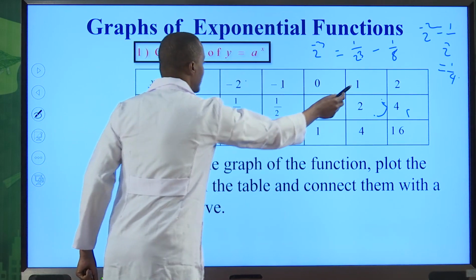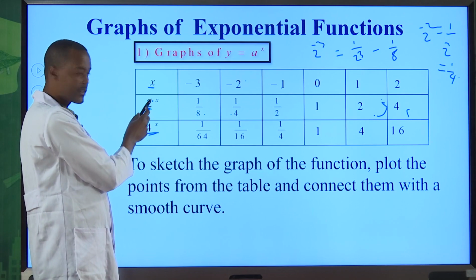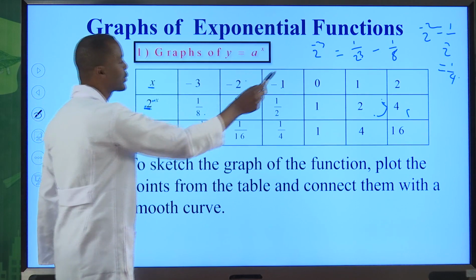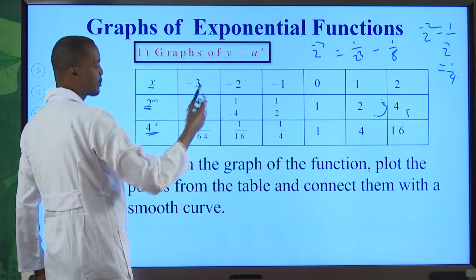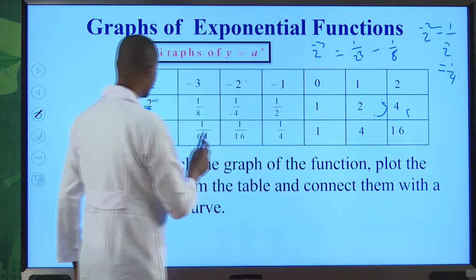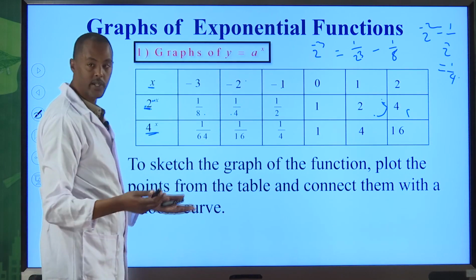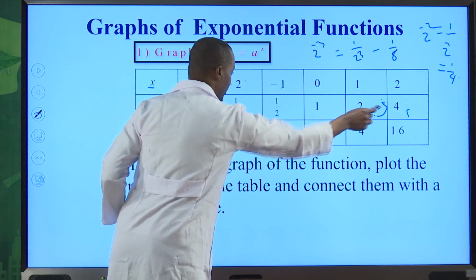And if I substitute 1 into my function 2 to the power of x, it becomes 2 to the power 1. Any number to the power 1 is the number itself, that is 2. If I substitute 2, 2 to the power of 2 is 2 squared, that is equal to 4.